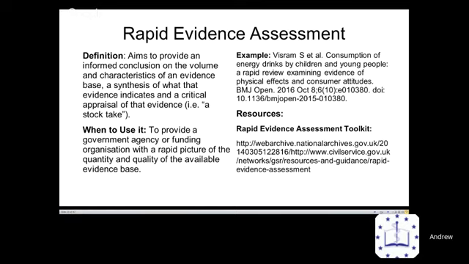I'm going to briefly mention this just because of the high profile of it. The rapid evidence assessment is a stylized form of review designed to provide instant answers to government decision makers. And so we were asked to do a rapid evidence assessment for our Home Office, our, I suppose, Department of Internal Affairs, to use other countries' language.